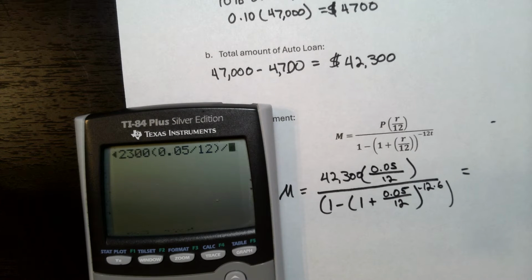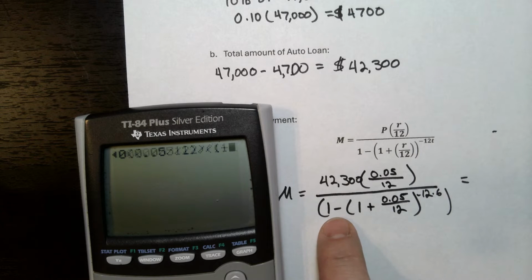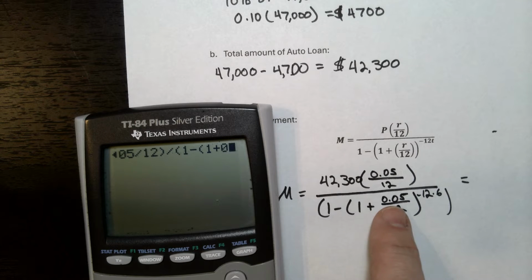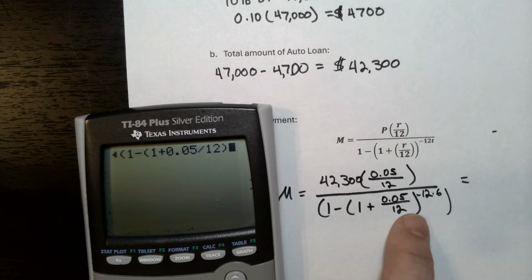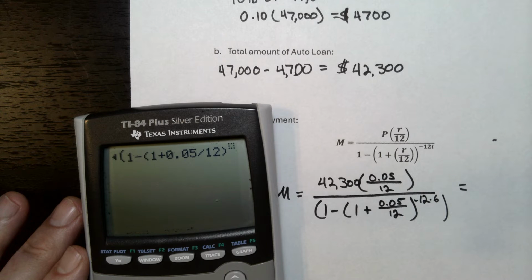That's the top. Now divide and open up this parentheses, 1 minus parentheses 1 plus 0.05 divided by 12, close parentheses, raise it to this power, so negative 12 times 6, get out of the exponent, and then close that last parentheses.